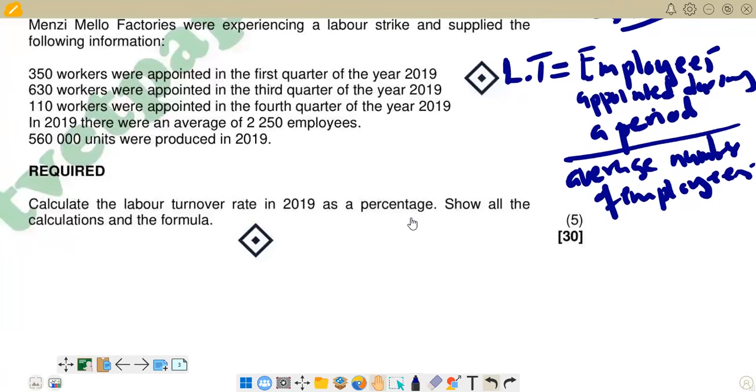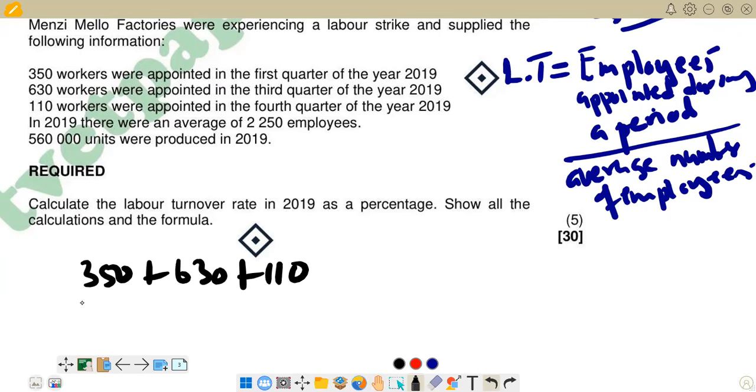We are going to say 350, then we add 630, then we add 110. And obviously, this is all going to be above 2,250. Let's try to add that to see what total we get there.